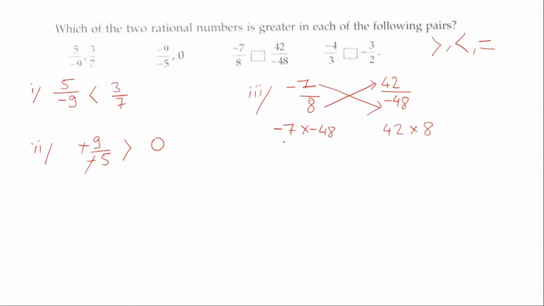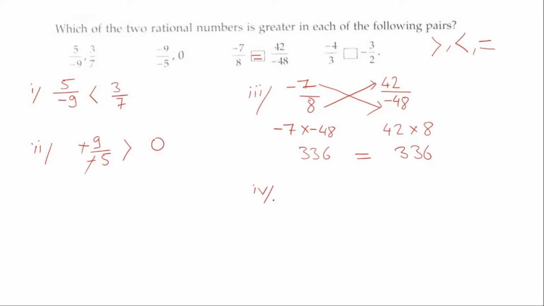If you multiply minus 7 and minus 48, it will be 336. In the same way, if you multiply 42 into 8, it will be 336. So as you can see, both the answers are the same. That means these rational numbers are equal.